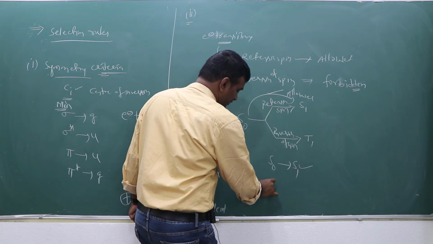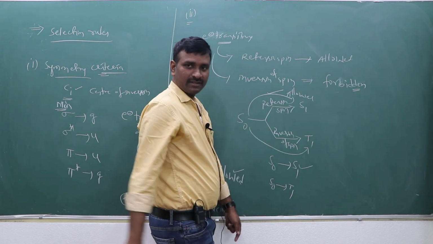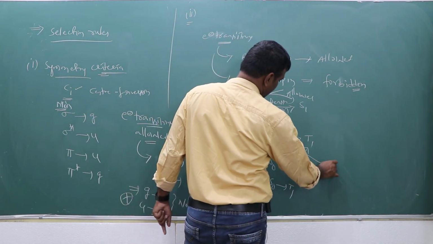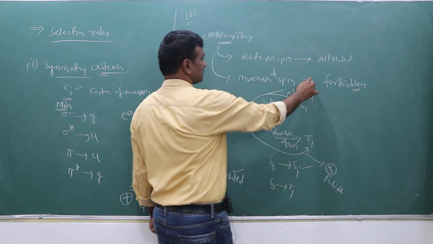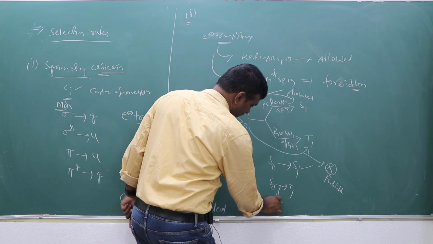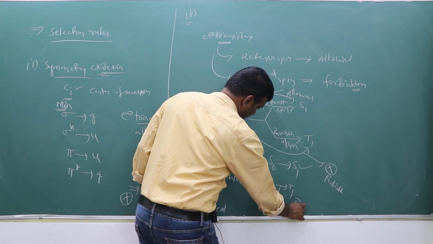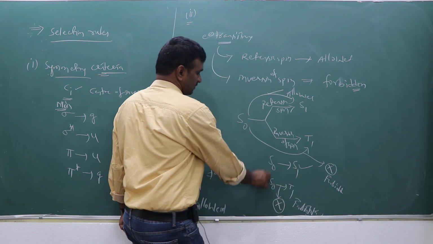And if inversion of spin takes place, S0 to T1, this is going to be a forbidden transition. So S0 to T1 is not going to happen, it is forbidden.